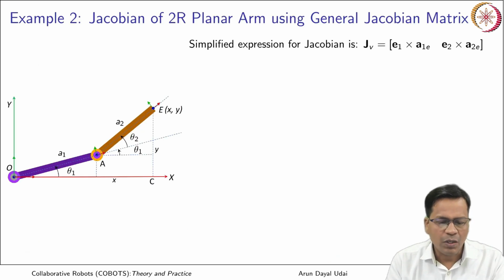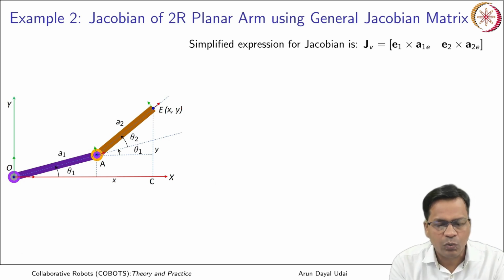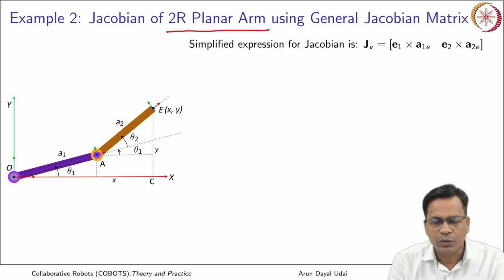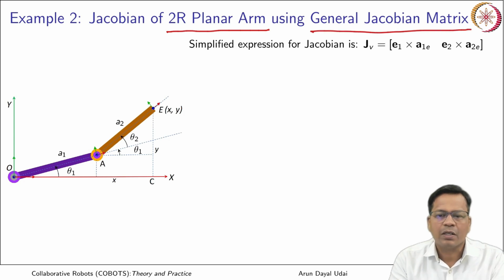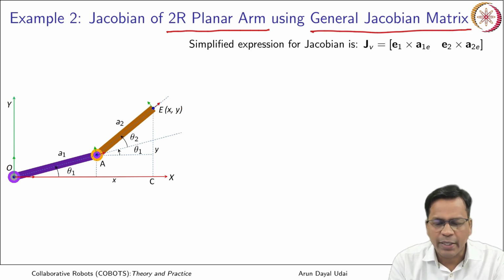Now let us use this and see if we can do it for a 2R planar arm using the general Jacobian matrix, not taking the differential. So simplified expression could be, because it can only have linear velocities, it has no control over angular velocities.